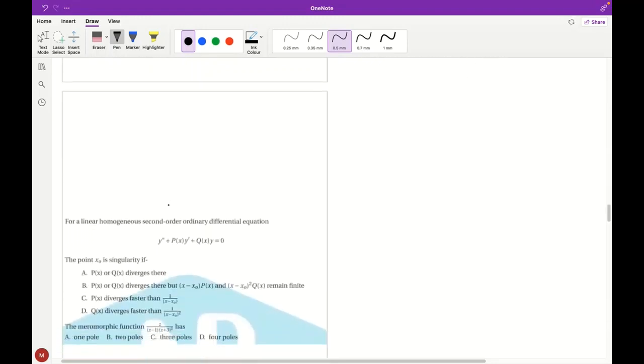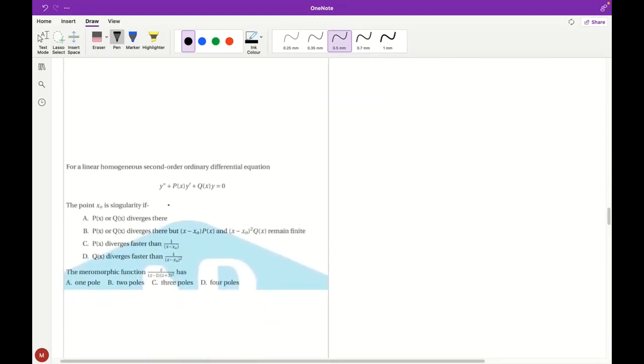Now come to another question. This is from differential equations, and we know that x naught is a singularity.